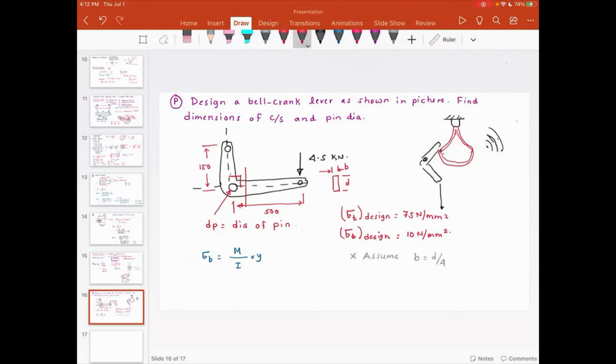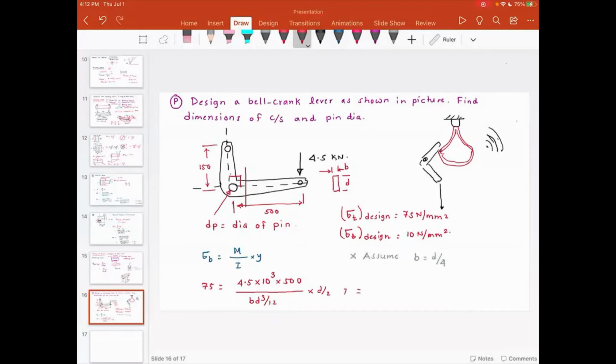So sigma B, which is 75, is equal to 4.5 times 10 to the power 3, multiplied by distance 500, divided by I, which is B D cubed by 12, multiplied by D by 2.